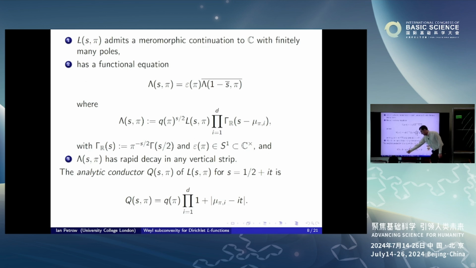It's a product of this non-Archimedean conductor, the arithmetic conductor q of pi, which shows up in the functional equation right here, and these Archimedean spectral parameters, which are the shifts in the gamma function which make this functional equation work.